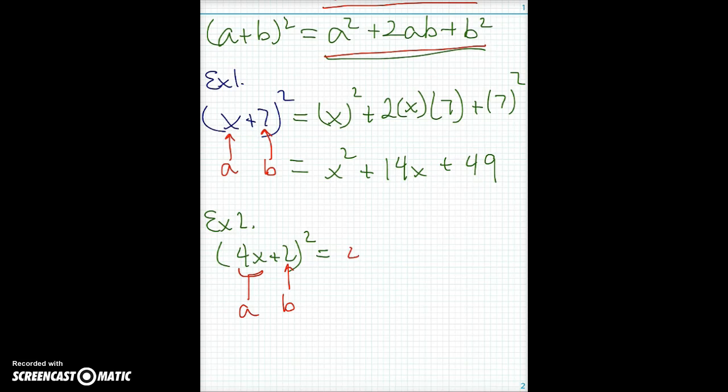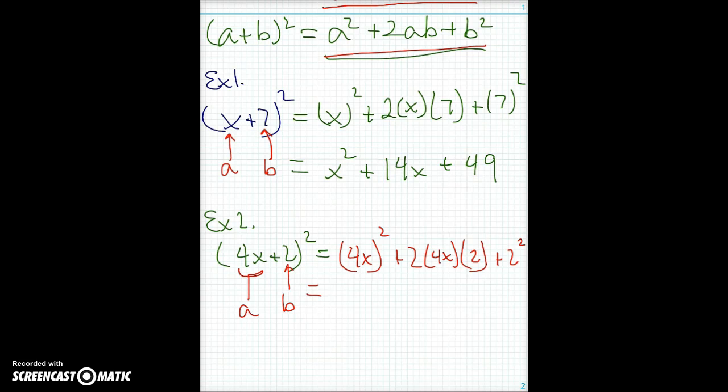So that's going to be 4x squared. So all of 4x is being squared. Our second term is 2 times a times b. So 2 times 4x times 2. And our last term is b squared. So plus 2 squared. So now we can simplify all that.